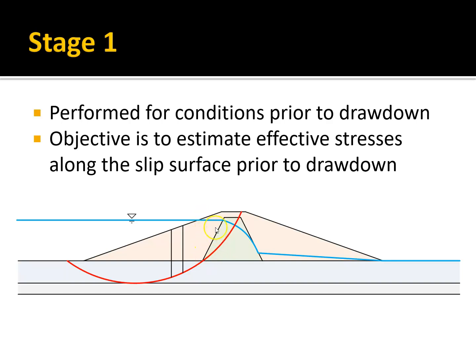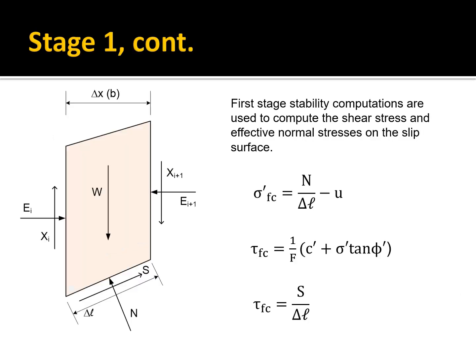Take the bottom of each slice, calculate the distance below the water table, and use that to calculate pore pressures. Either way, you can get pore pressures along that candidate slip surface and then use that to calculate the effective stresses. So this is a pretty simple part of the process. And again, we're calculating the effective stress along the bottom of each slice.